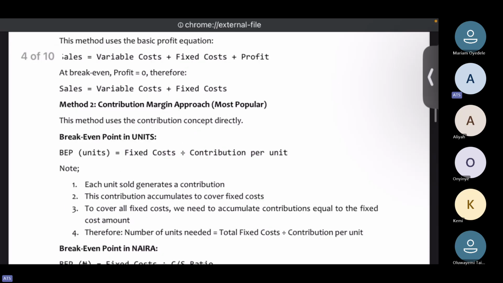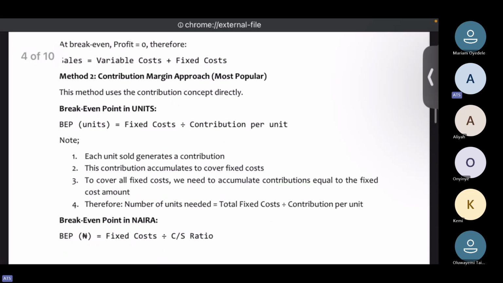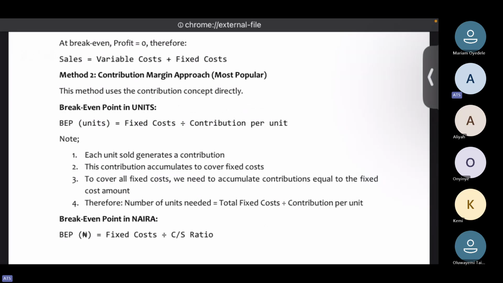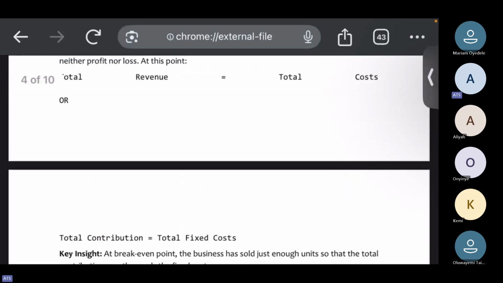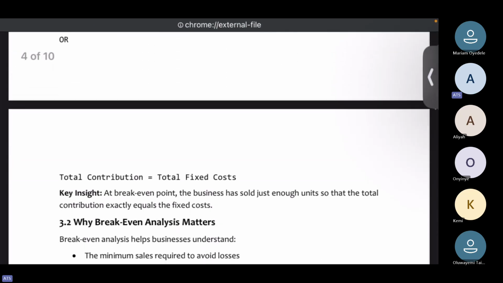Now, when you want to find BEP in units, that's break-even point in units, the formula is fixed cost divided by contribution per unit. Let me explain. Remember, when we are talking about break-even points, we said it is where total contribution is equal to total fixed cost, right?